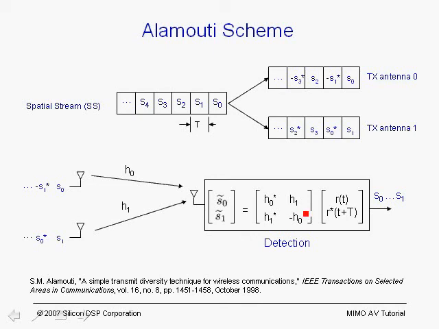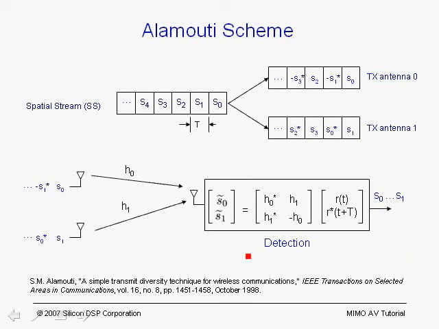This 2x2 matrix is then multiplied by the received signal and the delayed conjugate signal, and we recover the estimates of the transmitted symbols plus noise, which we can then pass through a maximum likelihood detector and detect the actual transmitted symbols. Next, we're going to go into the mathematics and show why this works.